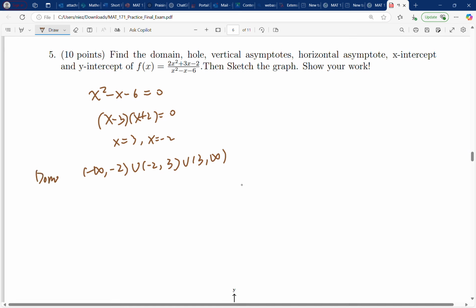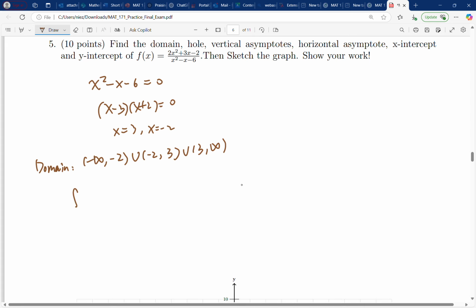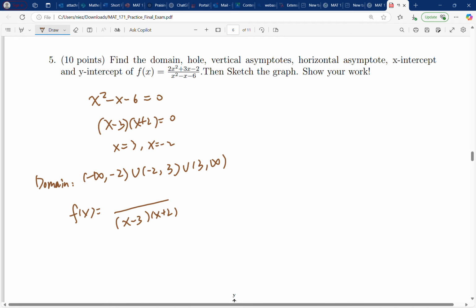Okay, we already know the domain, and then we need to find the hole. How do you find the hole? You need to factor the rational function. So x minus 3 times x plus 2 is the factorization of the denominator, and the factorization of the numerator will be 2x minus 1 and x plus 2.